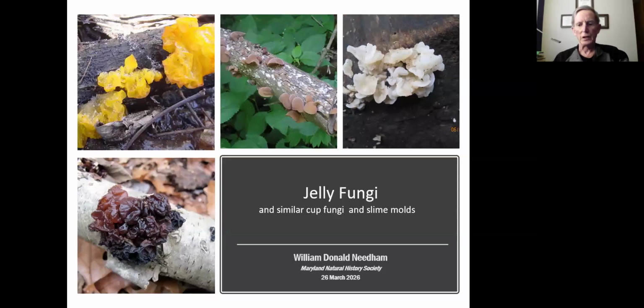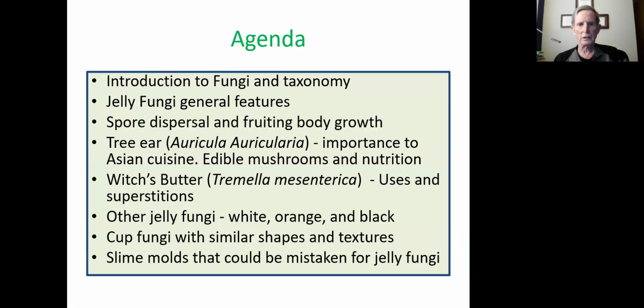So the agenda, I always like to start with what we're going to do. To make sure we're on a baseline on what is a fungus and into the taxonomy, why you almost have to approach any discussion of a type of fungi through how it fits in with the entire kingdom fungi.